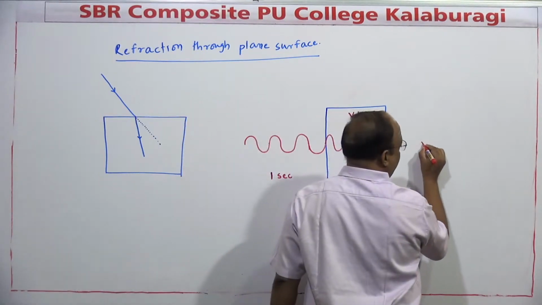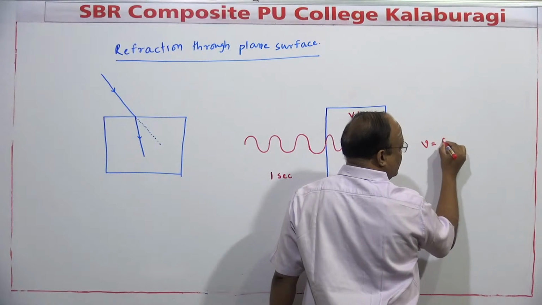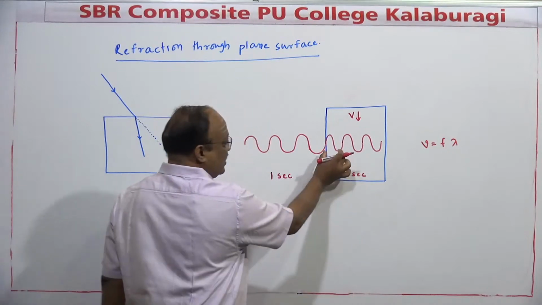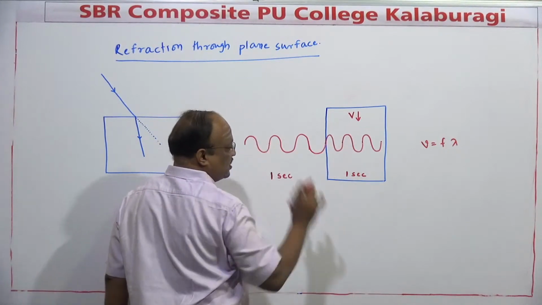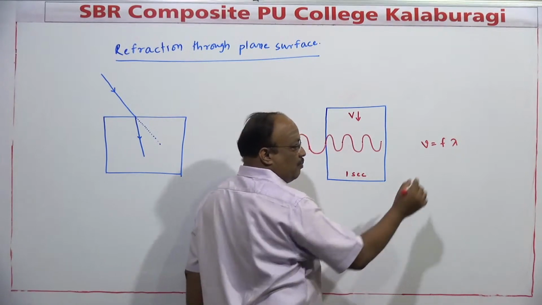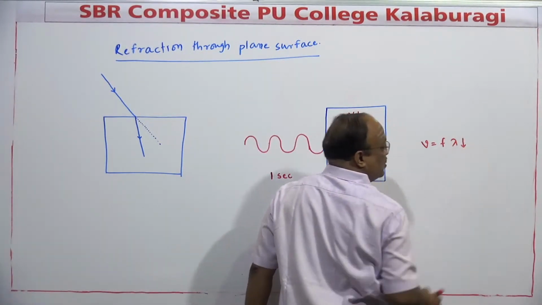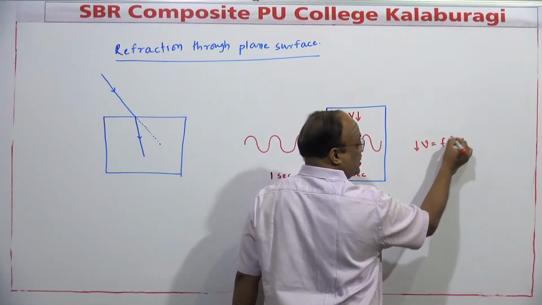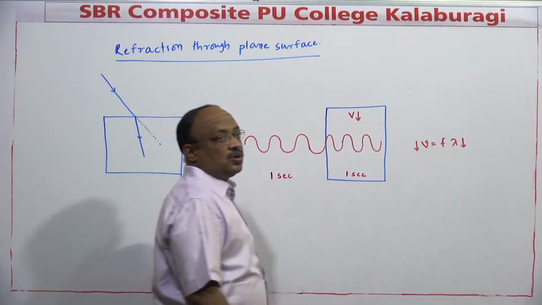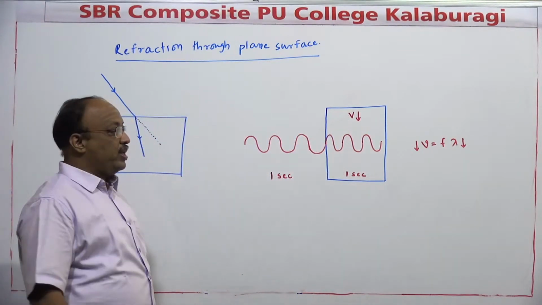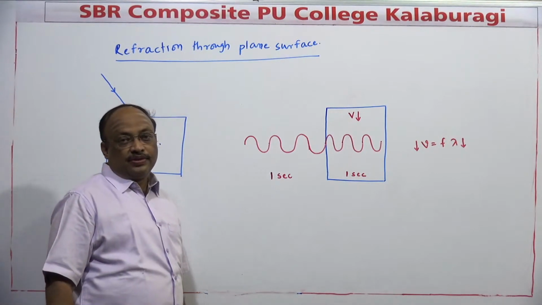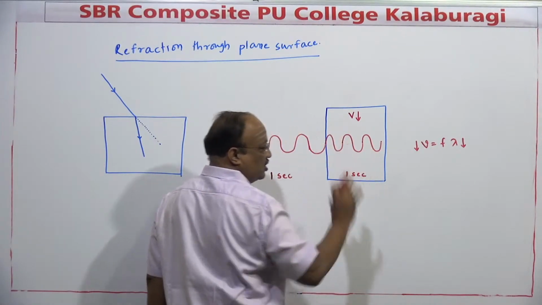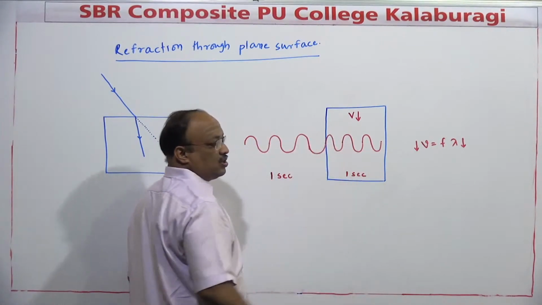We know that velocity is equal to f lambda. Wavelength is decreasing here. By what fold the velocity of the wave is decreasing, by the same fold we can say the wavelength also decreases, so that the frequency remains constant.